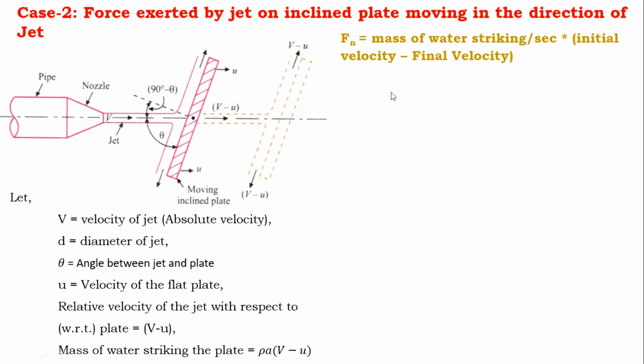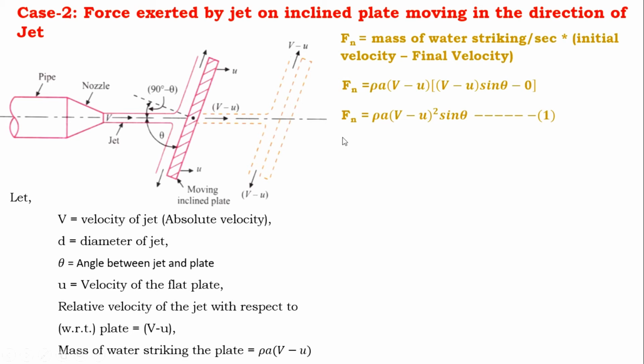So put the values of velocities, we get Fn is equal to rho A (V minus U) times ((V minus U) sine theta minus 0). If you simplify this, you get rho A (V minus U) squared sine theta. This is our equation number 1.